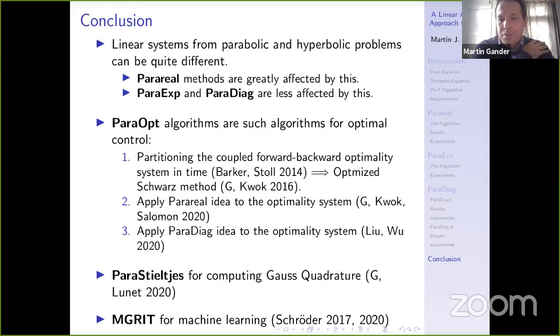And this process he interprets as a recurrence relation. So he can apply this MGRIT algorithm, which is the Parareal algorithm with additional features. So I think yes, this algorithm can be used in the context of machine learning.